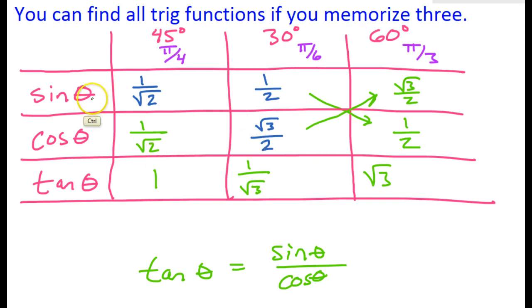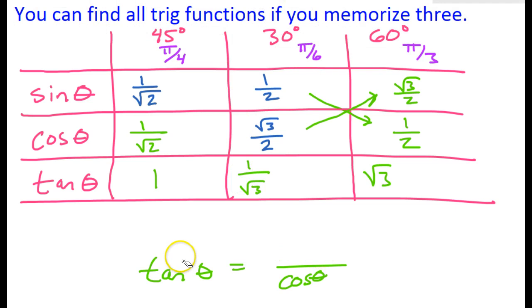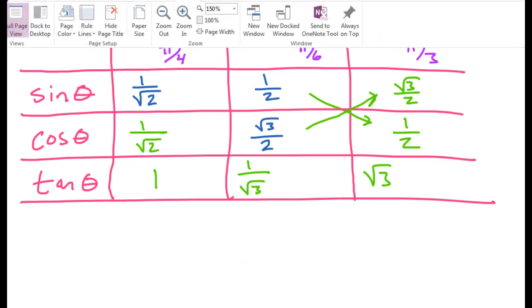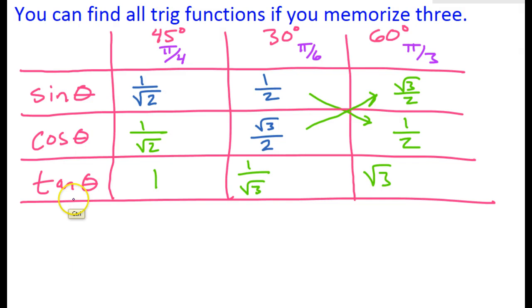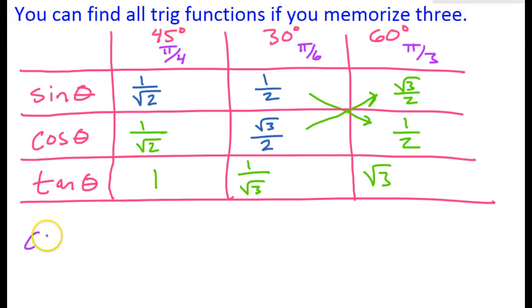And we could also find secant, cosecant, and cotangent. Let me just show you that really quickly. We know that cosecant is just the reciprocal of the sine function. So this might be more than you're being asked for right now, but this will be good to know in the future.